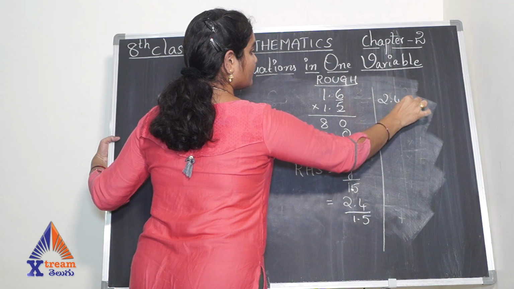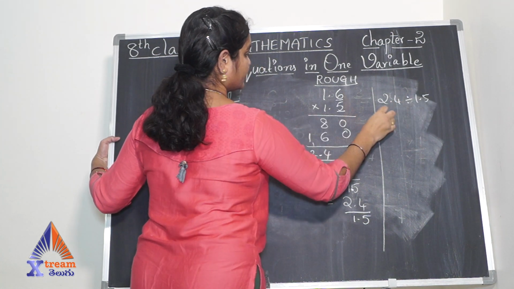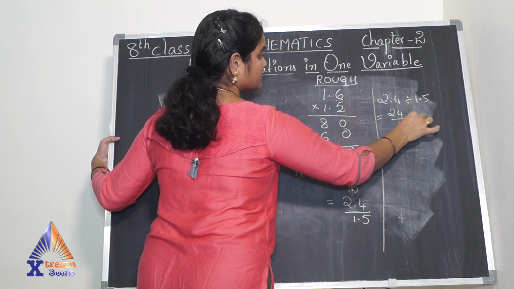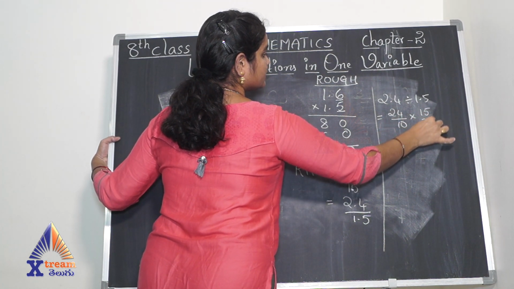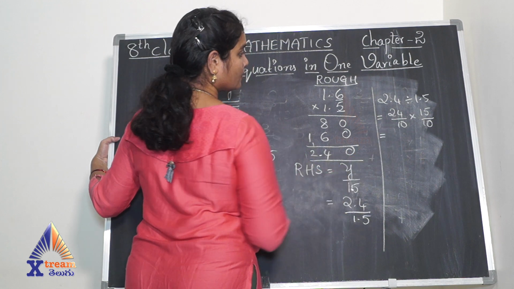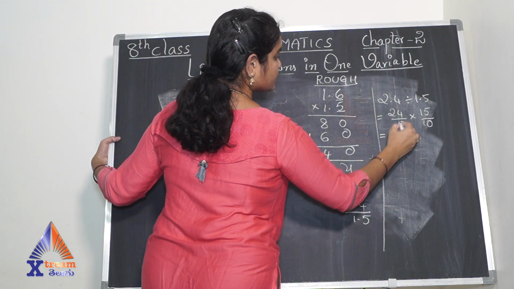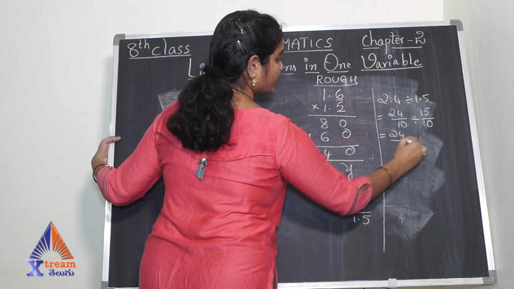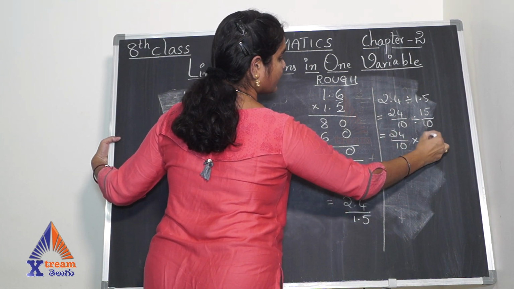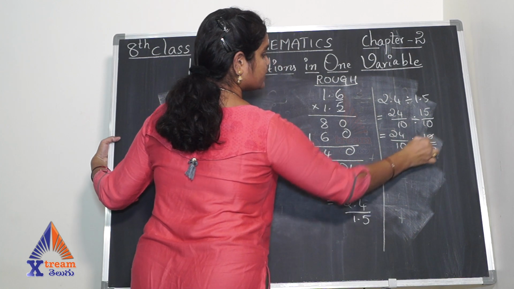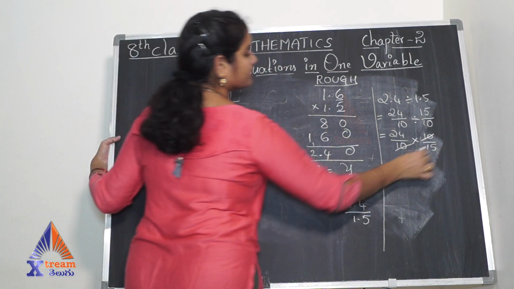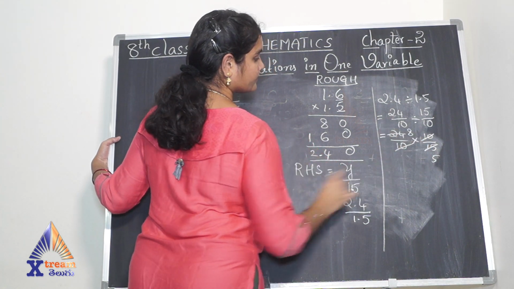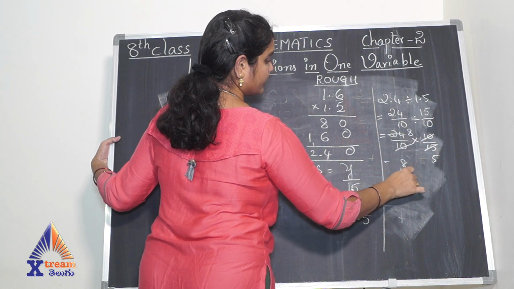2.4 divided by 1.5 gives us 24 by 10 divided by 15 by 10. What do we get? 24 by 10 multiplied by 10 by 15. 10 gets cancelled, and 3 fives are 15, 3 eights are 24, so we have 8 by 5.